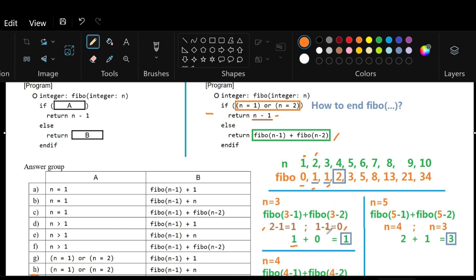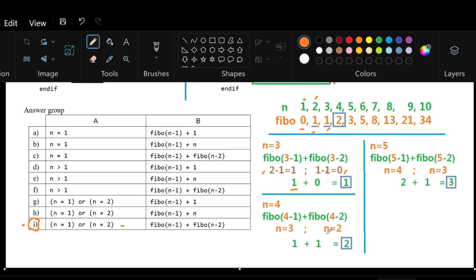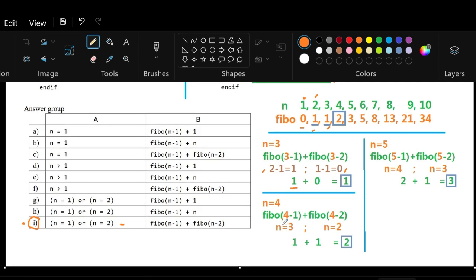And if it's n is 4, it's going to be like this. 4 minus 1 gives us 3. 4 minus 2 gives us 2. We know that if n is equal to 3, then the answer would be 1.